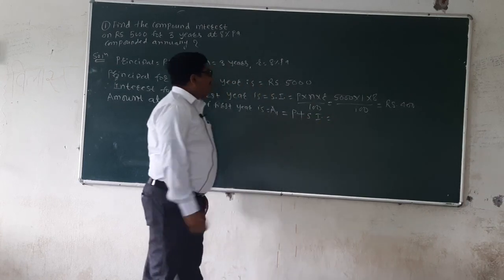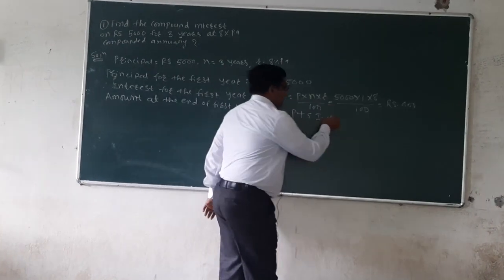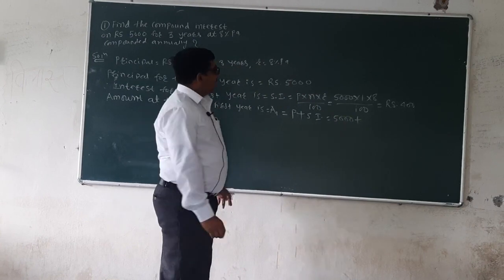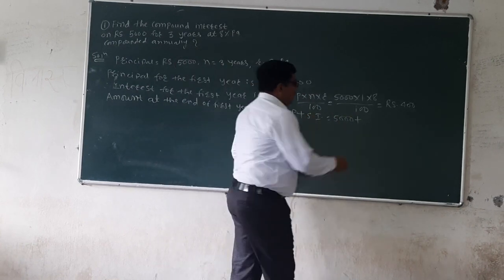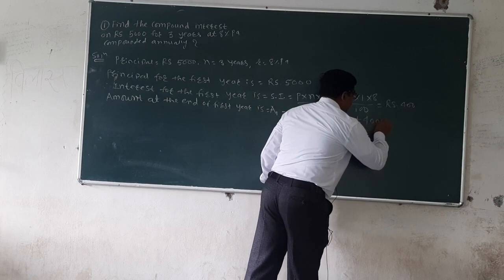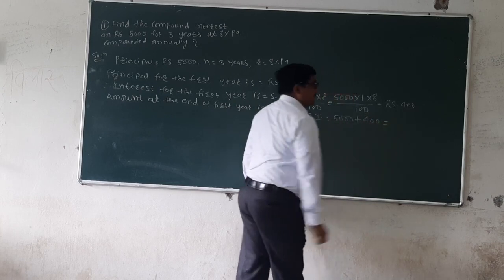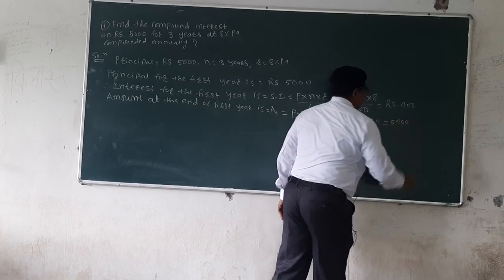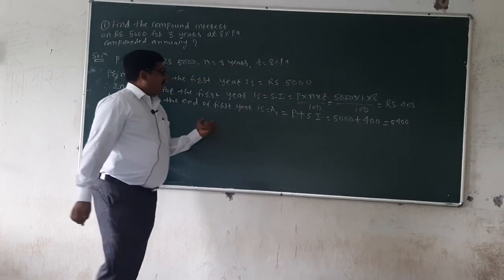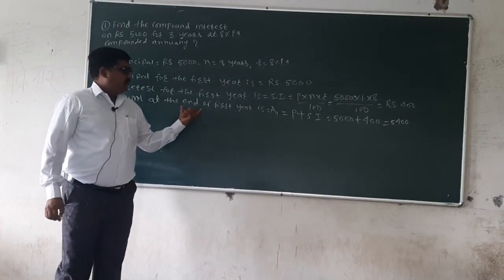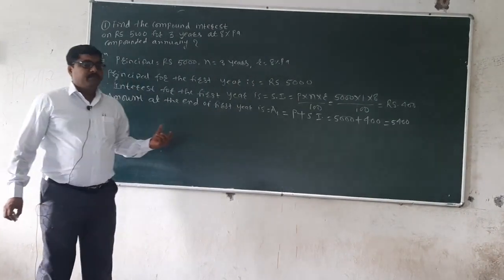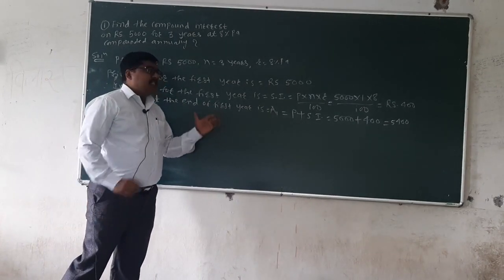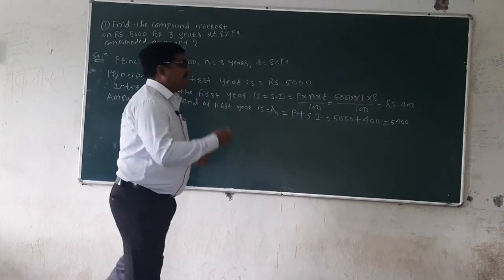Principal for the first year is 5,000 plus simple interest is rupees 400. This is equal to 5,400. This is your amount at the end of first year. Now, amount at the end of first year is nothing but the principal for the second year.